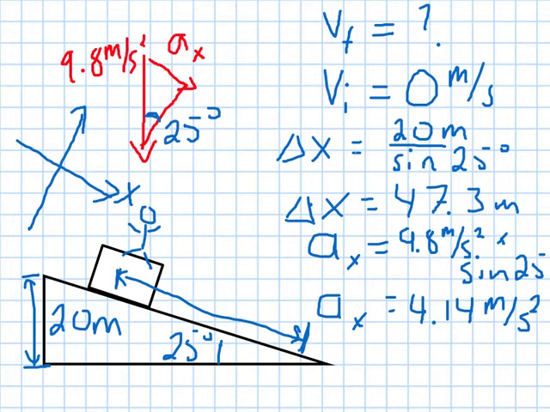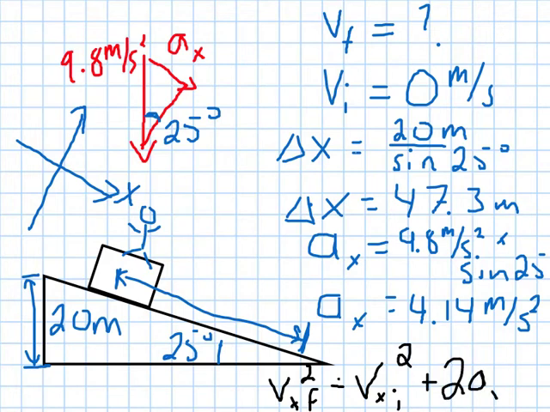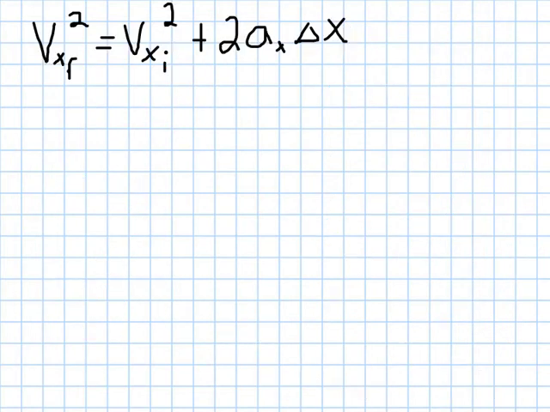The kinematics equation that I think I'm going to end up using is the one that gives v final: vx final squared equals vx initial squared plus 2 a sub x times the displacement delta x. So let's take a look at how that works out next.